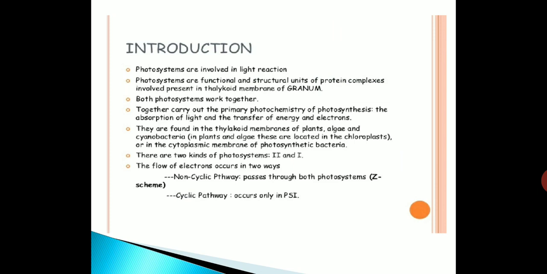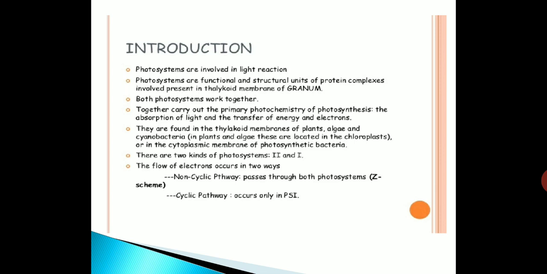Photosystems are involved in light reactions, and photosystems are functional and structural units of protein complexes present in the thylakoid membrane of grana. Both photosystems work together to carry out the primary photochemistry of photosynthesis, the absorption of light and the transfer of energy and electrons.